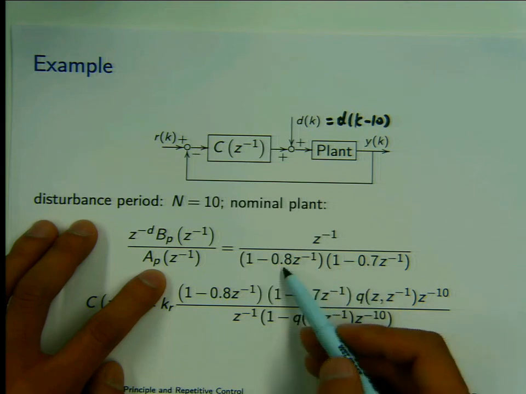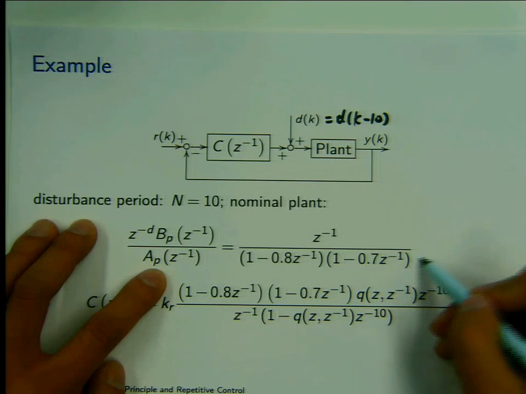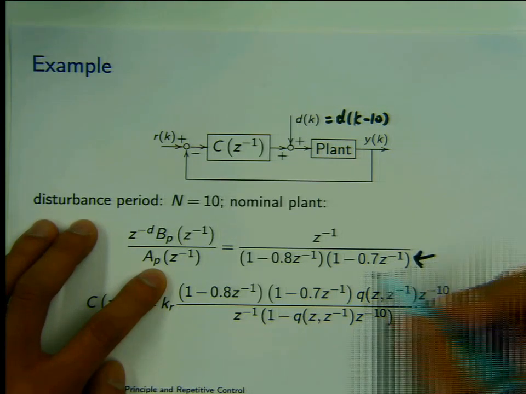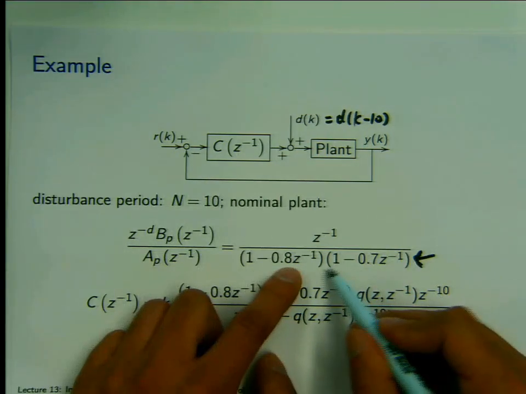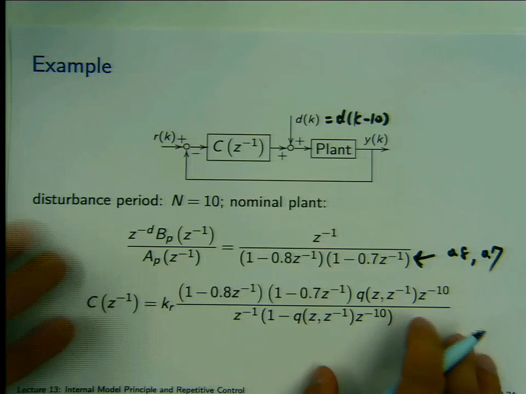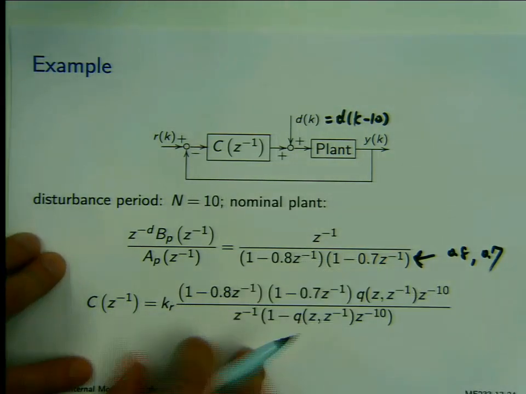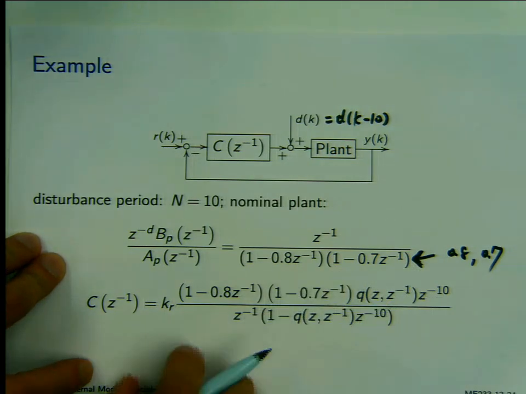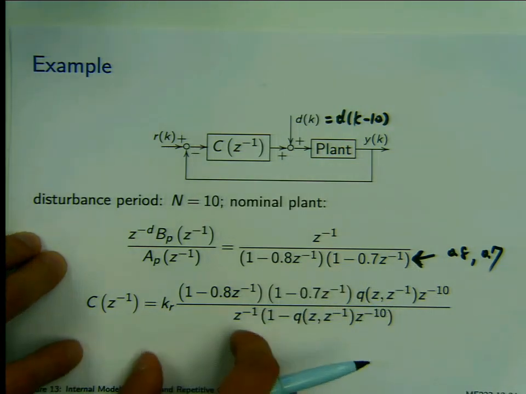Get used to this and be able to quickly recognize that the poles of this system are going to be 0.8 and 0.7. Very quickly get familiar with this notation here because we're going to use it very soon again.